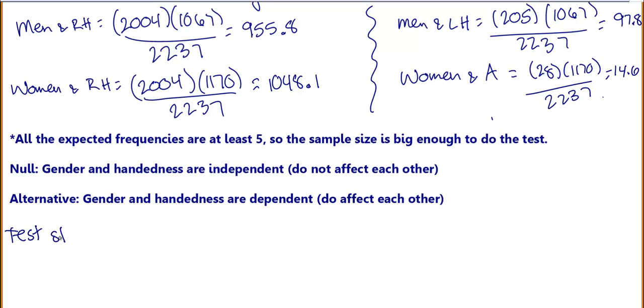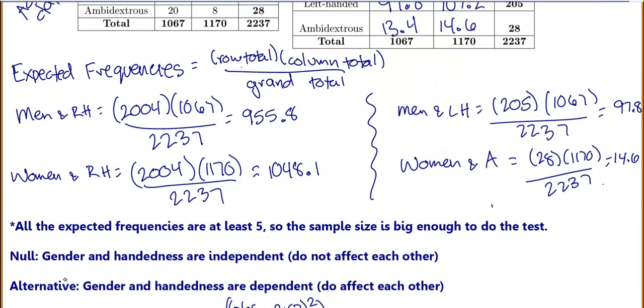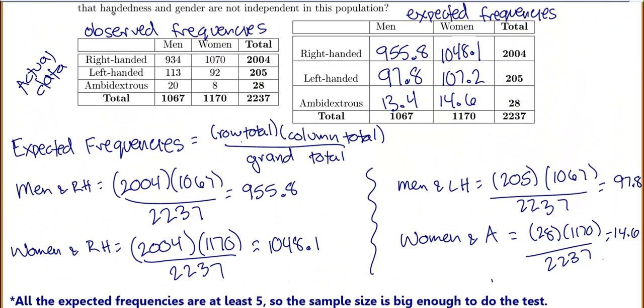Now let's find our test statistic. Remember, our test statistic is chi-squared equals our sum of, we're going to do each observed minus expected squared over the expected. And we have to do that for everything in the table. You'll need to make sure you're nice and organized so that you get everything in. So my first observed is 934 and the expected is 955.8.